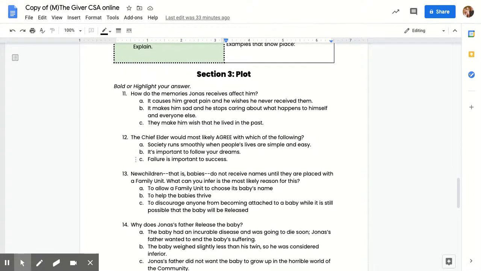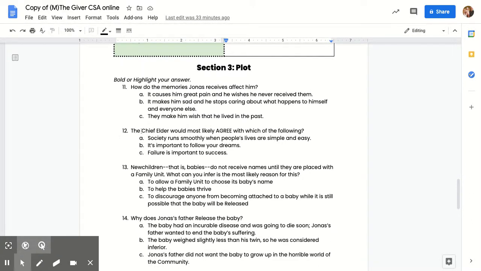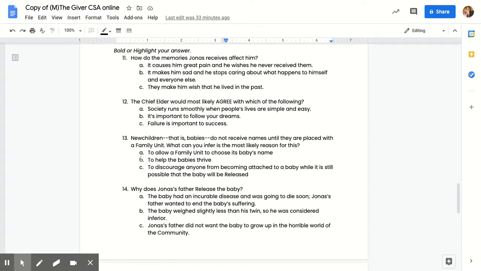Number 12. The Chief Elder would most likely agree with which of the following? A. Society runs smoothly when people's lives are simple and easy. B. It's important to follow your dreams. C. Failure is important to success.